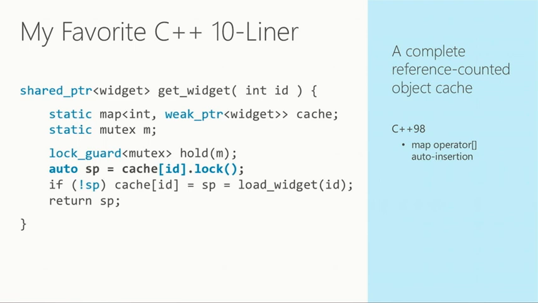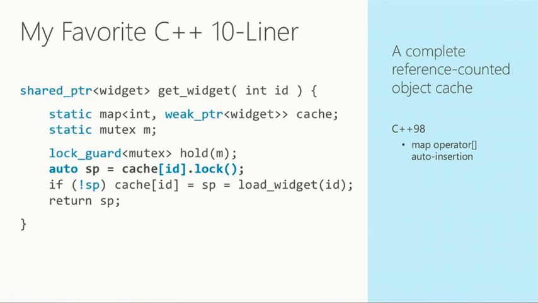Now what is cache sub ID? The type that it returns is a weak pointer. How many of you are familiar with weak pointer? Maybe you've used it. Oh, lots. So it holds a weak reference to something that's owned by a shared pointer.